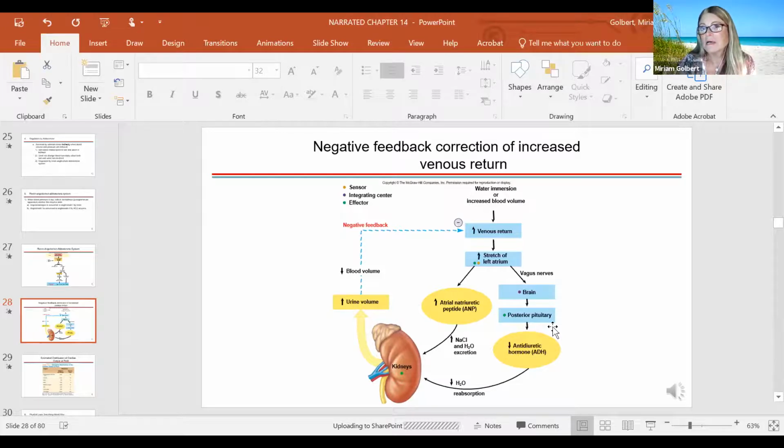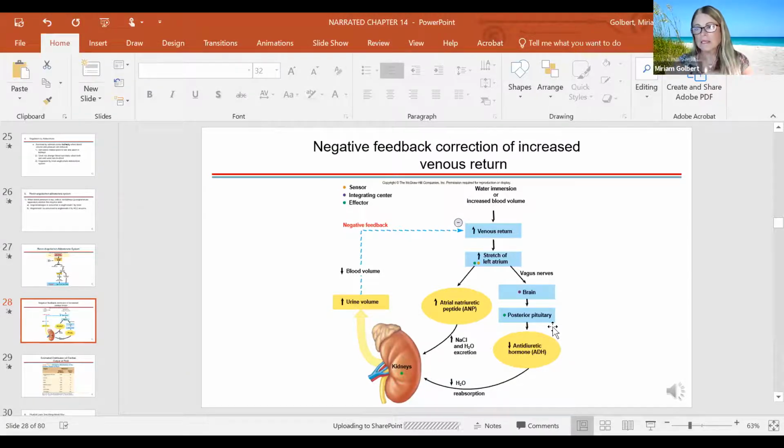That causes us not to make a lot of urine, right? But in this case, you already have a high blood volume, so you don't want any ADH to be secreted, so that we can get rid of salt, get rid of water, and that restores our normal blood volume. So you have these two cases of hormones that are involved in helping us maintain blood volume.